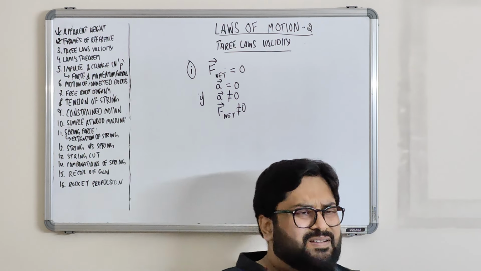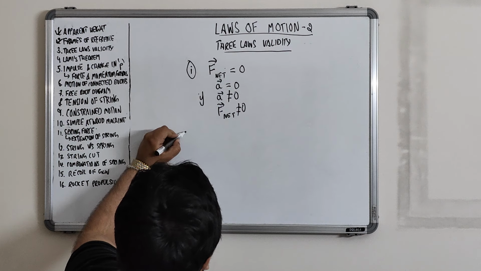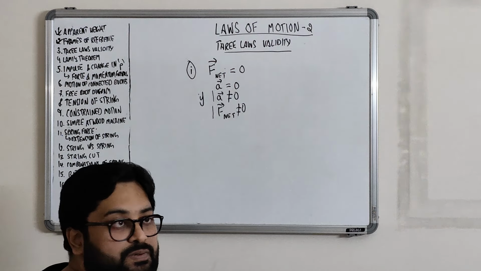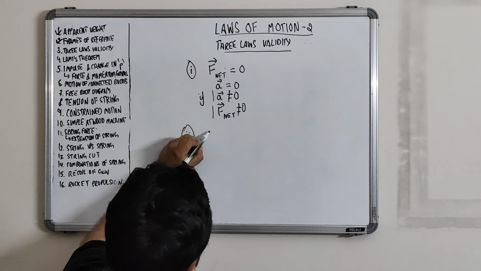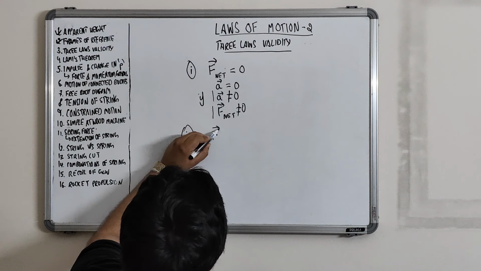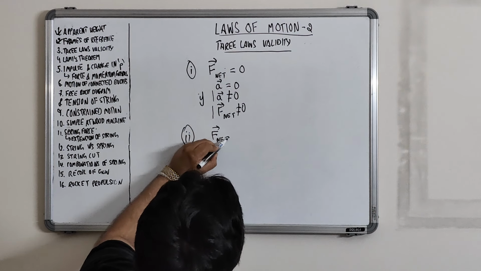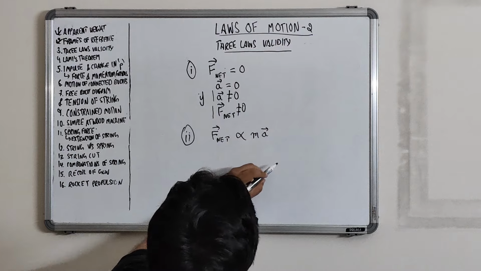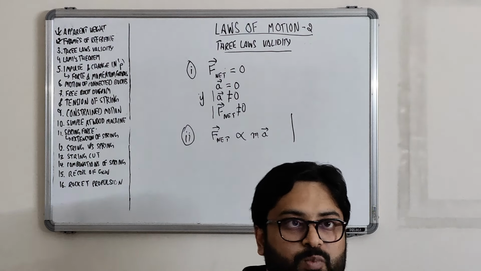But what does that mean? It means that if acceleration is non-zero, the net force has to be non-zero, and this is what the second law helps us with. F net is proportional to mass times the acceleration vector, considering the object is not losing mass.